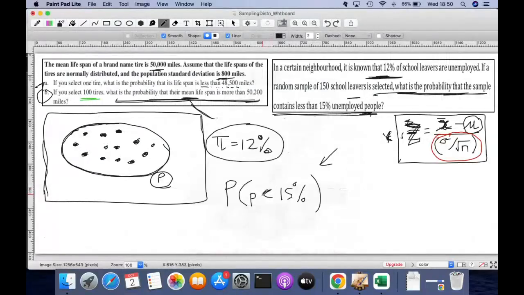Very good. All right. Now that I've formulated this problem, I need to use my table in the back of my book again. So that means I need to convert this to a Z value.